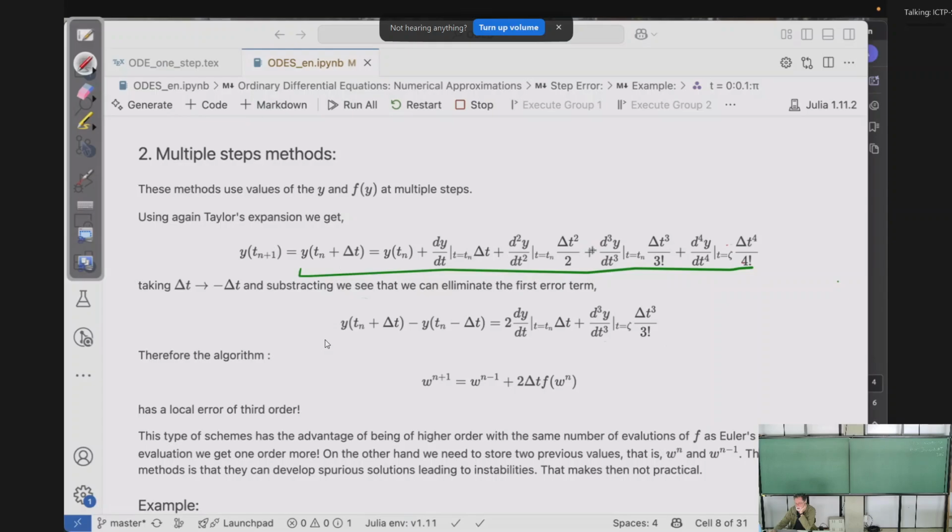And then I can subtract. If I take a delta t positive and do a subtraction with the delta t negative, some terms from here will go away. In particular, if you take this difference, so you use delta t positive here, delta t negative here, and you subtract, then you get this term.